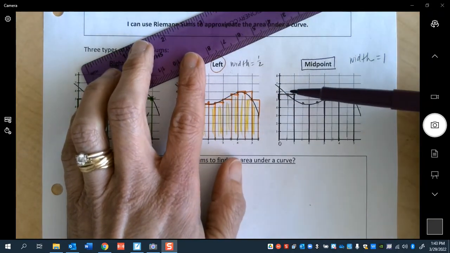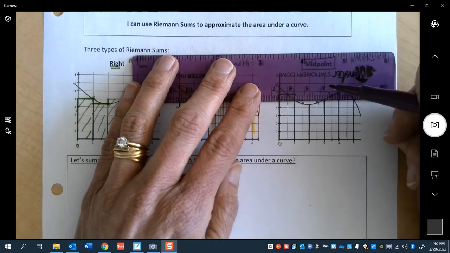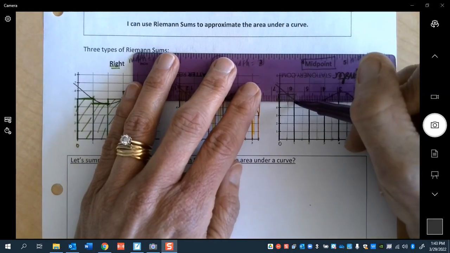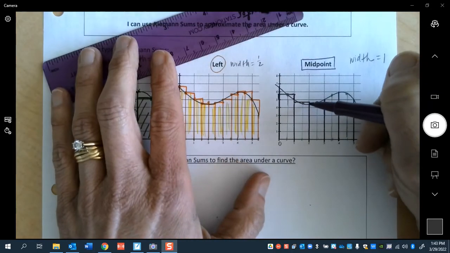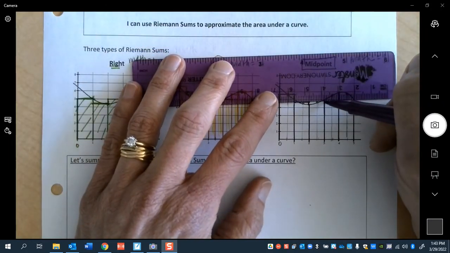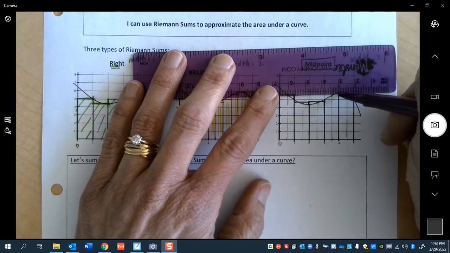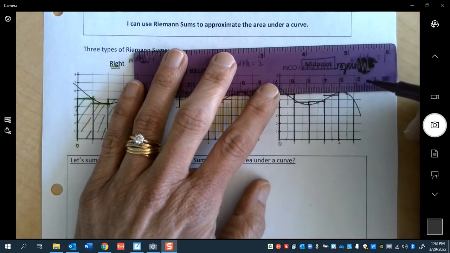And notice here, I'm both an under and an over estimate. So your box is going to go through your midpoint.